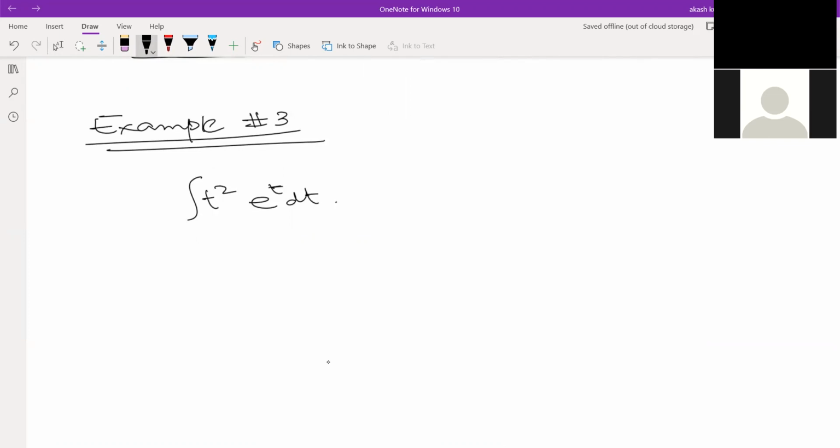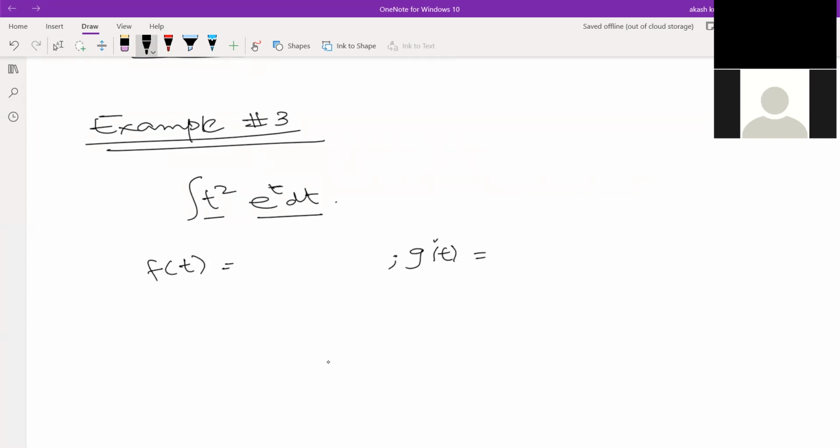Again we have two functions: one is t square and one is e raised to the power t dt. Now we have to think which one should be f of t and which g dash of t.